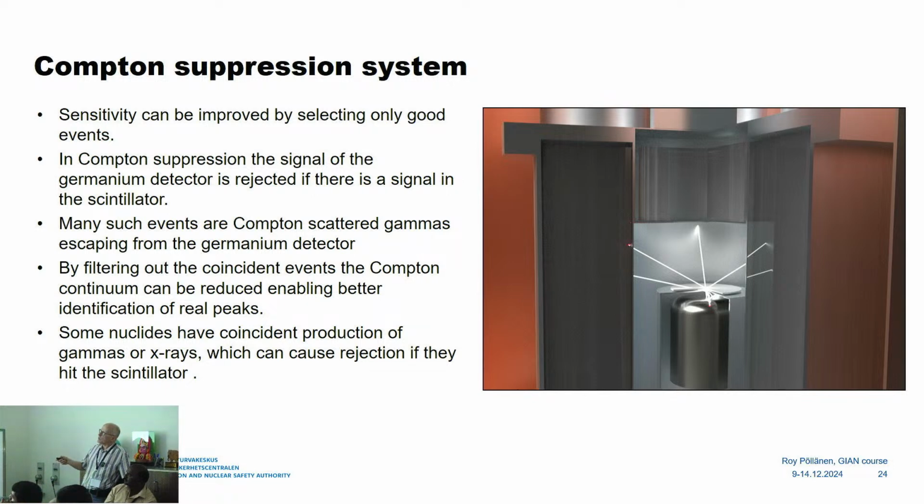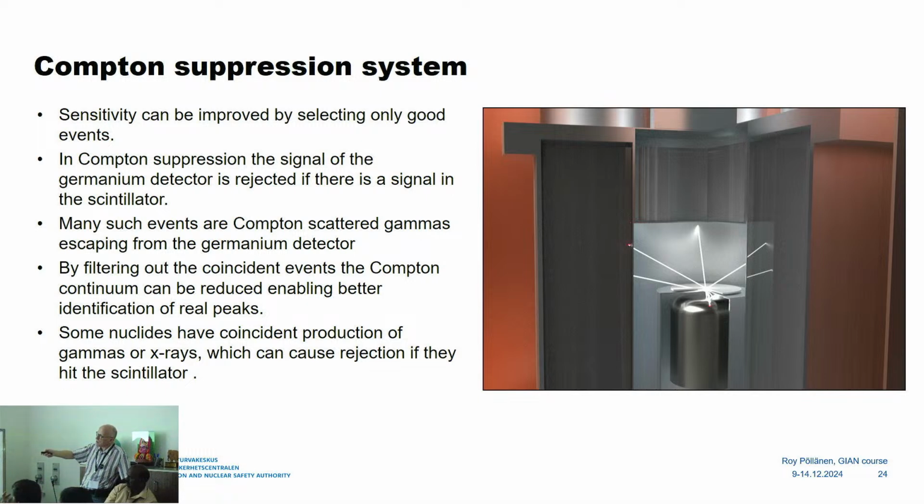Sensitivity can be improved by selecting only good events. In Compton suppression, the signal of the germanium detector is rejected if there is a signal in these sodium iodide detectors, this is the lead shield here. So we reject the signal in germanium when we detect a signal here.